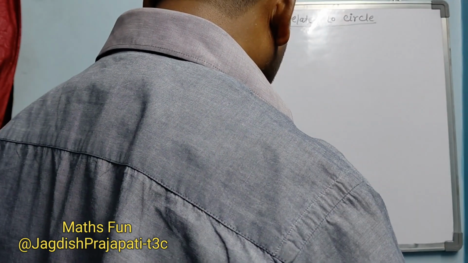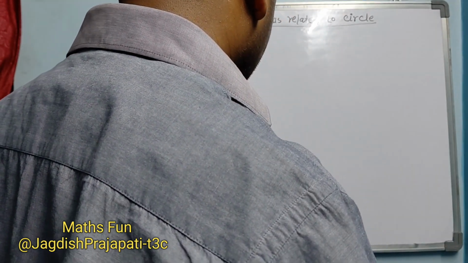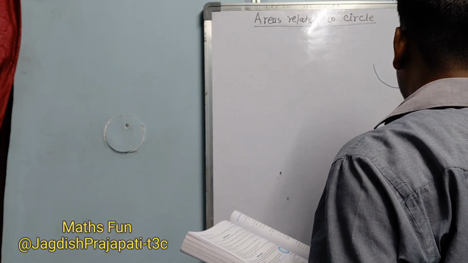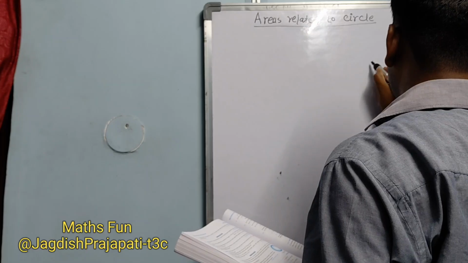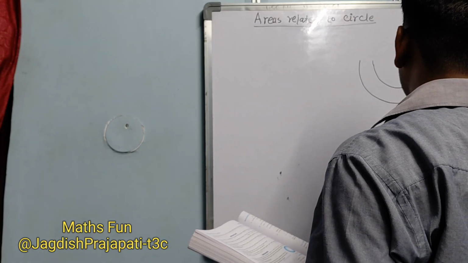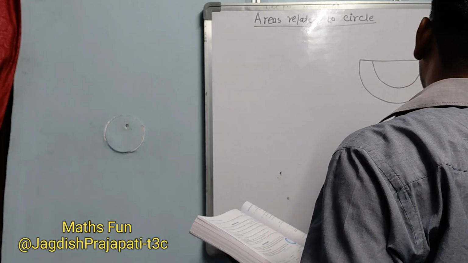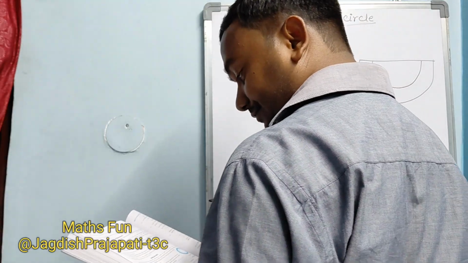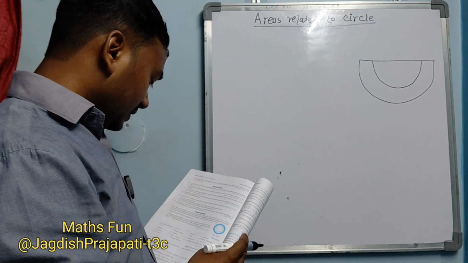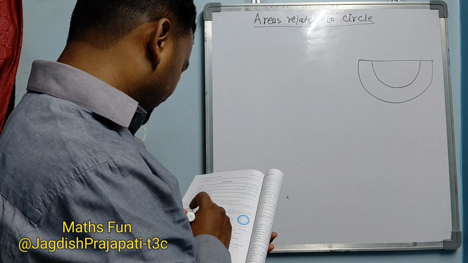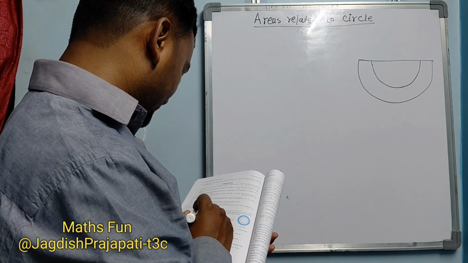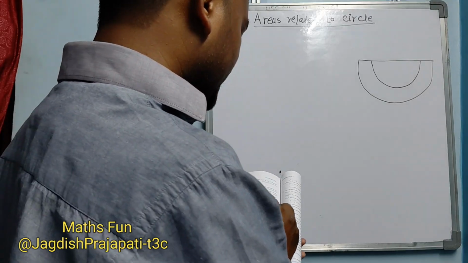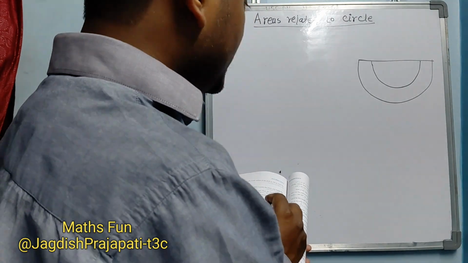A path of width 3.5 meter runs around a semicircular grassy plot. Okay. So now here it is given that this is a semicircular grassy plot, whose circumference is 163 by 3, whole 3 by 7.